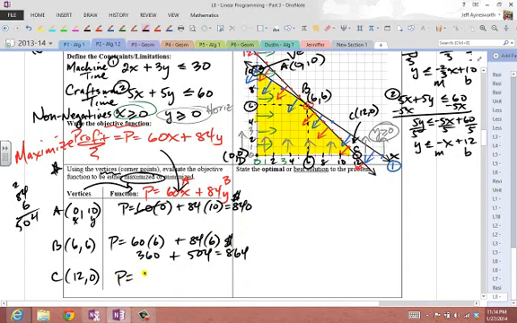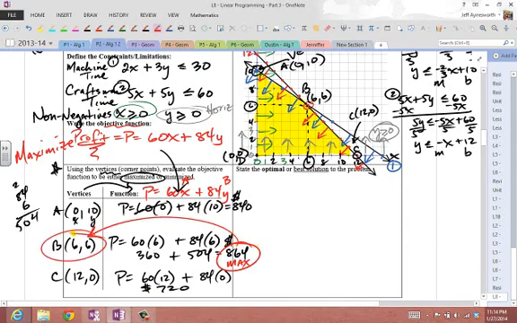And this one here is 60 times 12 plus 84 times 0, that's 720 profit. So what's the biggest profit? We want to maximize, of course. It looks like right here. But what will give us our max? It's this solution here. We need to build 6 type A's and 6 type B's, equal number of B's.